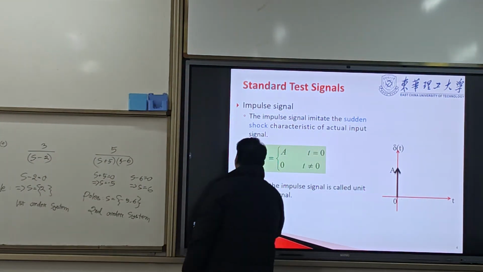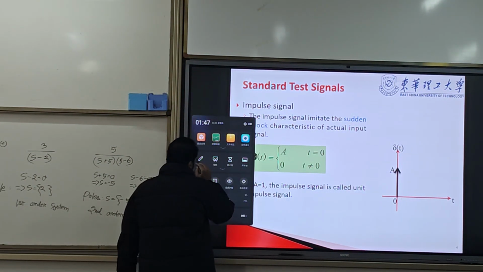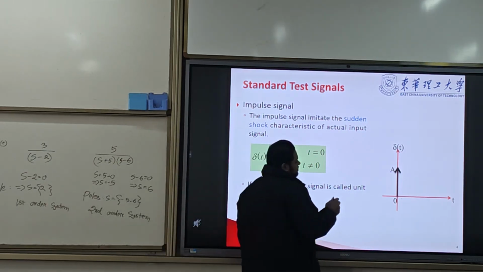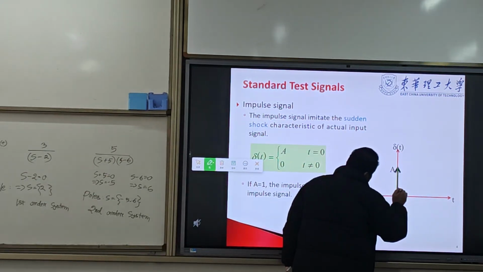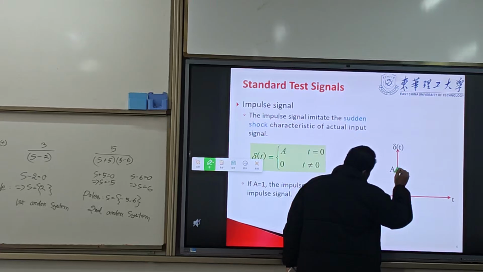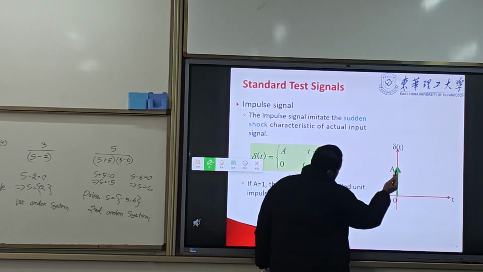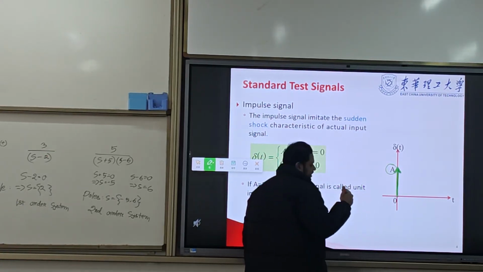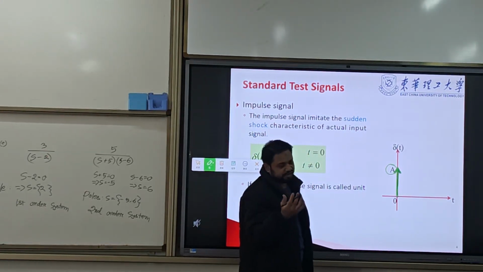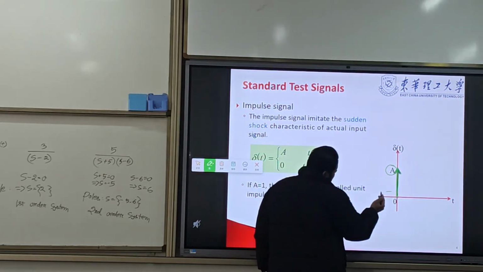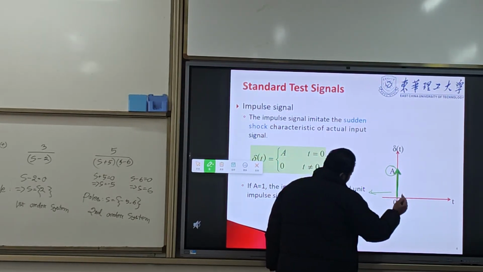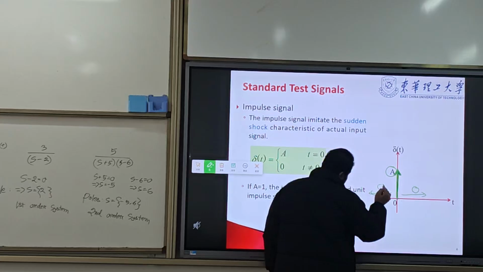When it happens, that is called the sudden shock, and it can be defined like this. This value is A, the amplitude. And below 0 and greater than 0, all the values are 0.